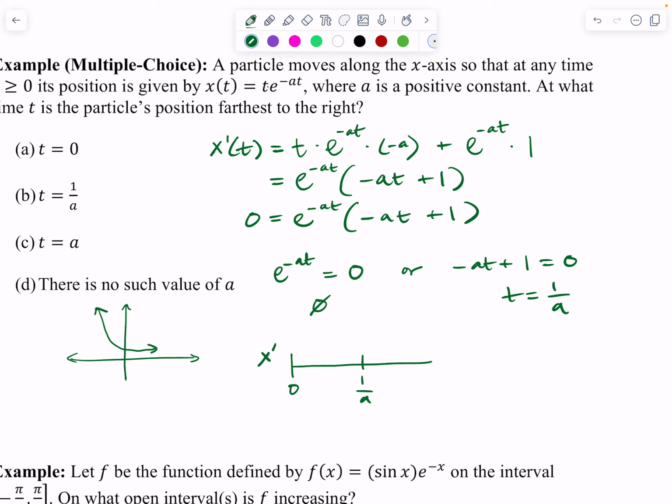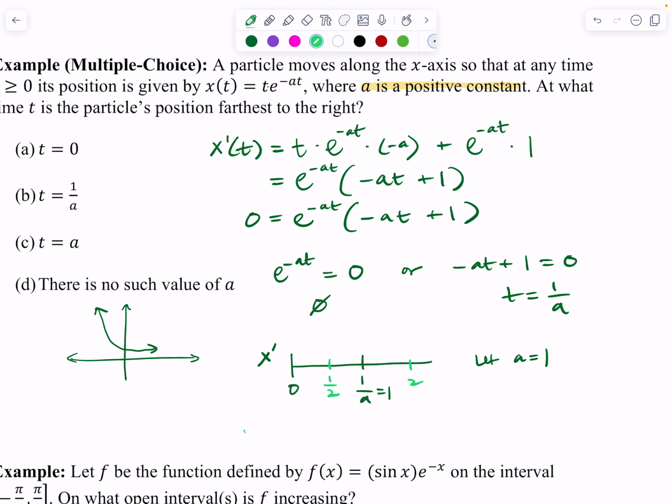So I'm plugging in test values into x prime. And since a is a positive constant, I'm going to let a equal a value. So I'm going to let a equal 1, or you can let it equal 2. If we do that, then 1 over a is actually going to be equal to 1. And when we choose test values, we could use like 1/2 and 2.